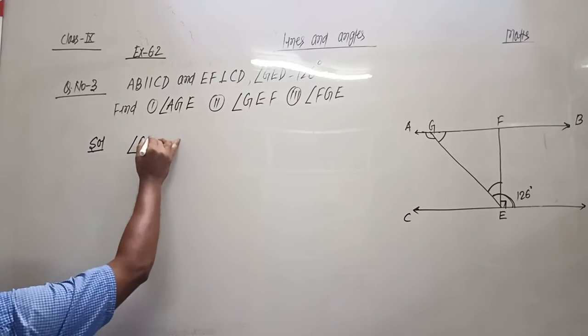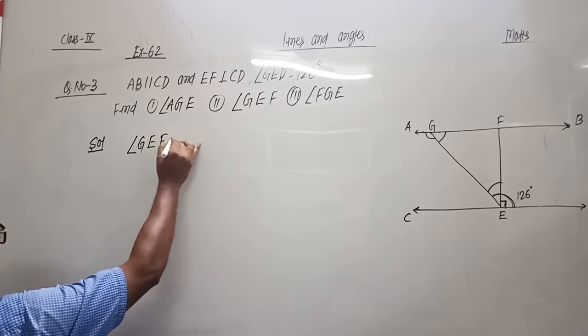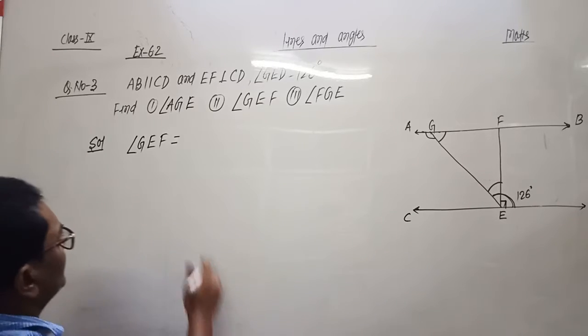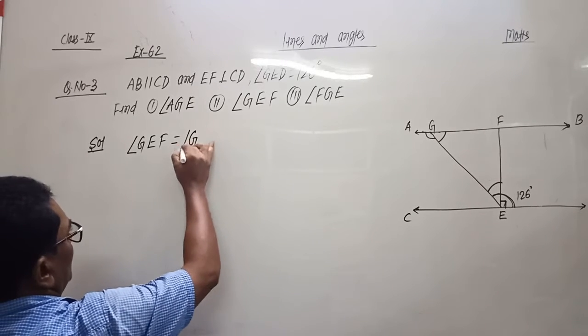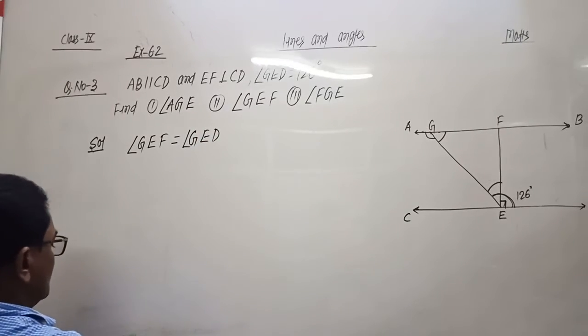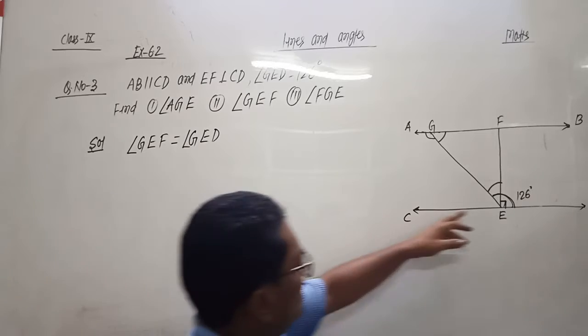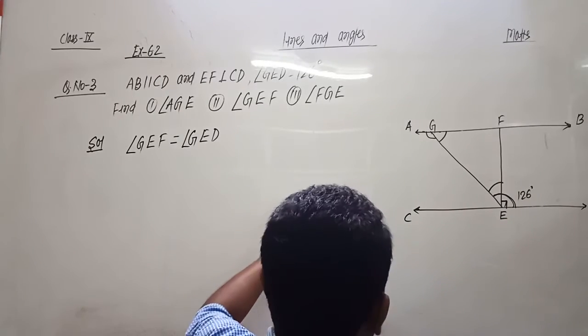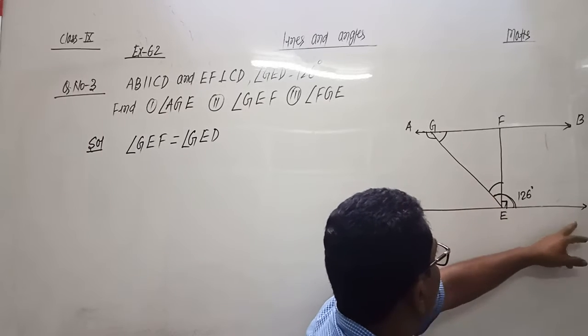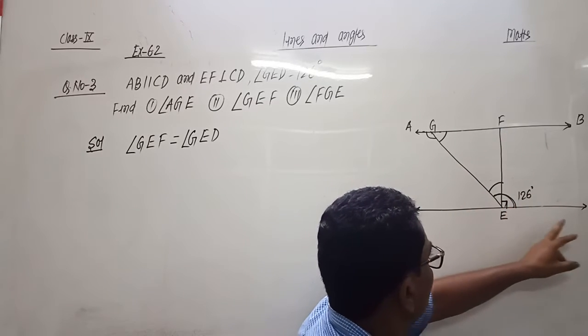Angle GEF is written as angle GED minus angle FED.